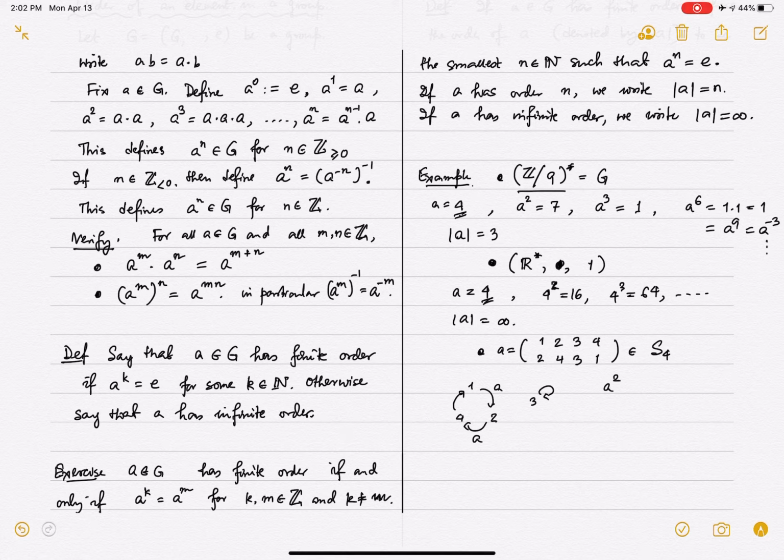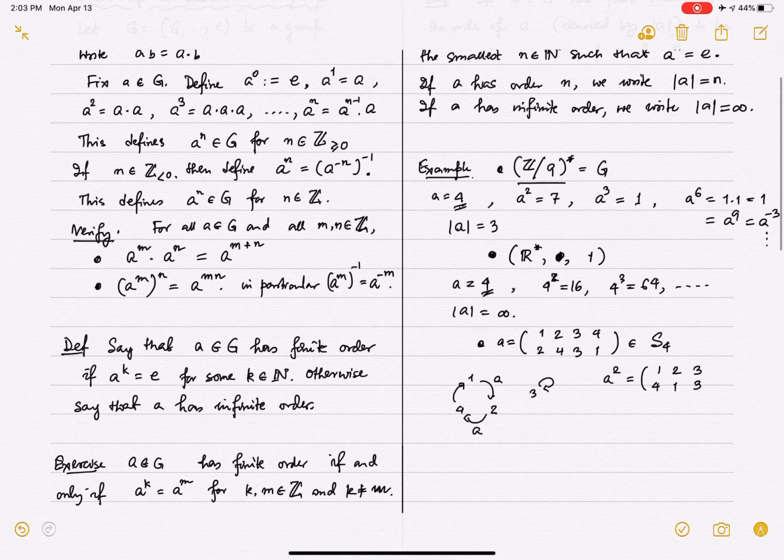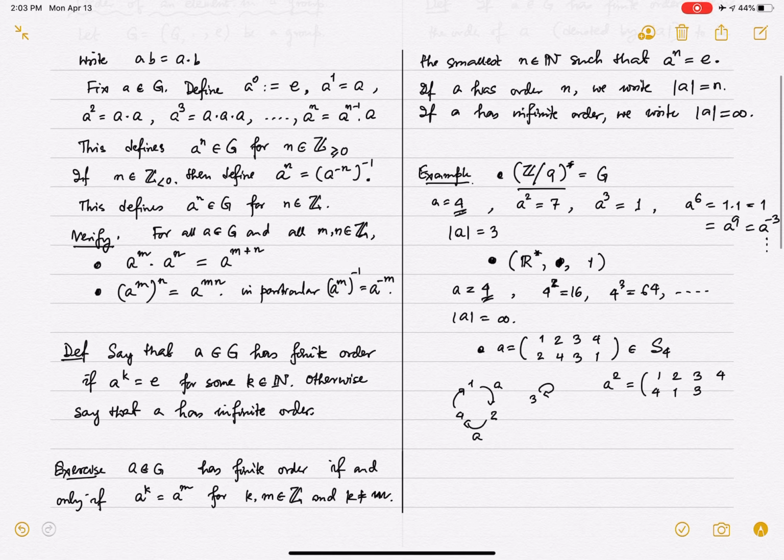So what would a squared do? Let's apply a twice. Then 1 goes to 2 and then to 4, so 1 goes to 4. 2 goes to 4 and then to 1, so 2 goes to 1. 3 goes to 3 and then to 3, and 4 goes to 1 and then to 2, so 4 goes to 2. That's not identity.